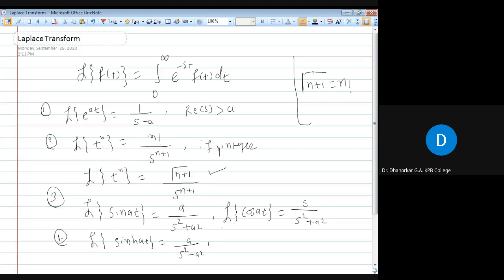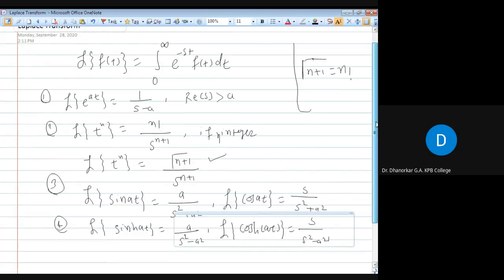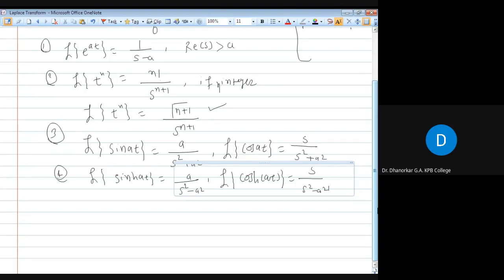And in a similar way, we can write the Laplace transform of cos hyperbolic at, which is equal to s divided by s square minus a square. Now, if we know these results, then we can find the remaining Laplace transforms.